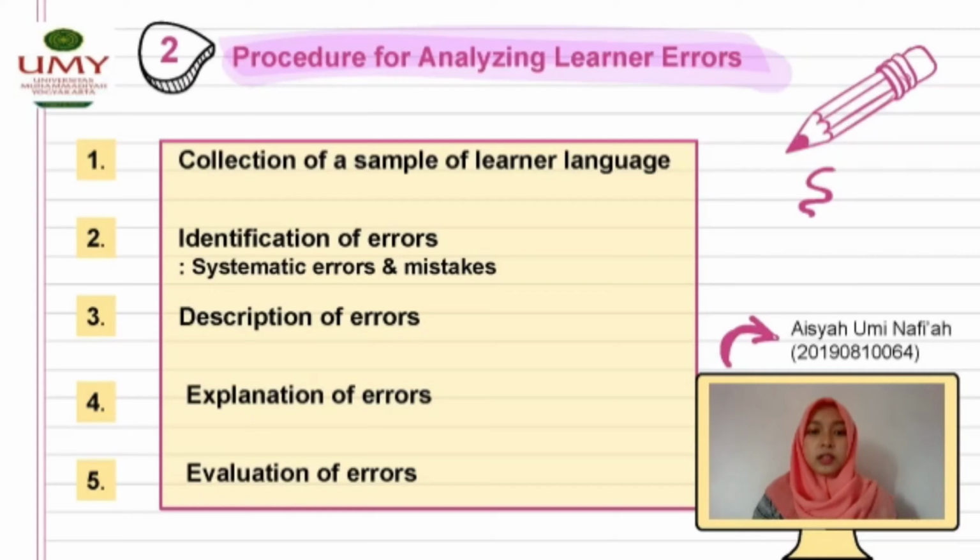After that, identification of errors. After we collect the samples from some learners' language, we can identify systematic errors or mistakes. Systematic errors result from learners' lack of second language knowledge.